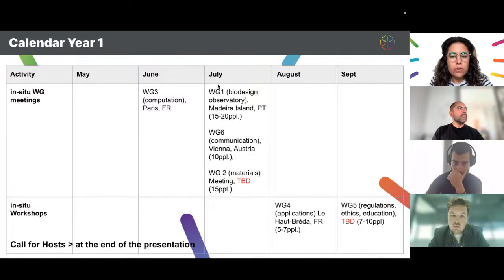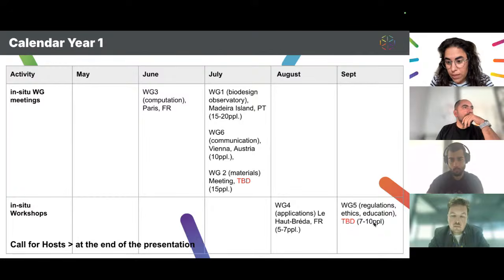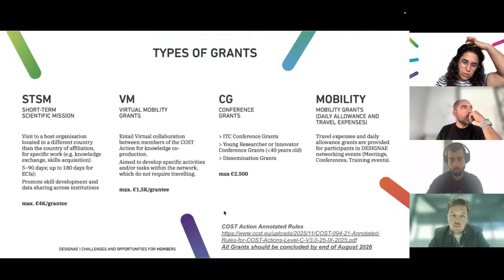The first workgroup will be in Madeira, the 6th one will be in Vienna, and workgroup 2 has yet to define a host institution. And finally, we also have in-situ workshops in France, and in another place which is yet to be defined. The call for hosts will be presented at the end of the presentation.